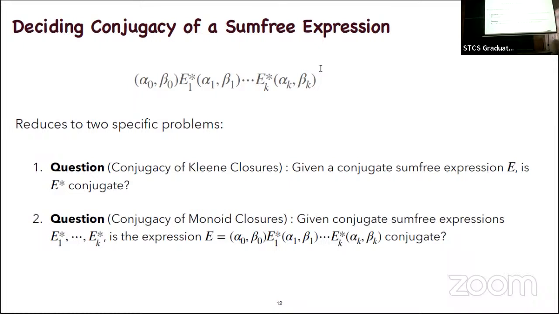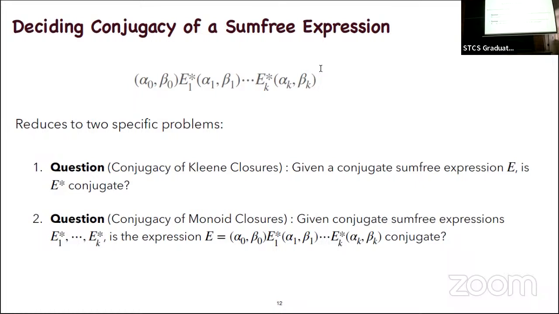Now that is not enough. It does not guarantee that just because even star is conjugate, this one will be conjugate. But it is a necessary condition. So this is the first problem we formulate: given a sumfree expression E, is the star conjugate? And the second one: given a sumfree expression E, is E star conjugate?